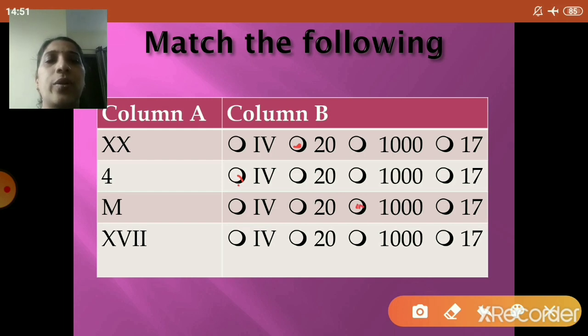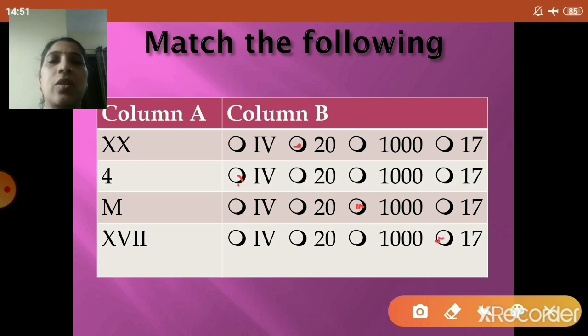Now the next symbol is X, V and 2 capital I. X is for 10, V is for 5 and then 2I means 2. So 10 plus 5 is 15, 15 plus 2 is 17. So you will select 17 as your option.